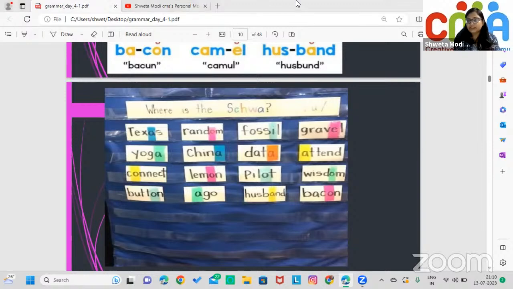It's already marked here. But if it is not marked and you ask the children, they will say it's not random, it's random. That means O is not giving its sound, it's going unstressed, lazy. So they will highlight the letter O.